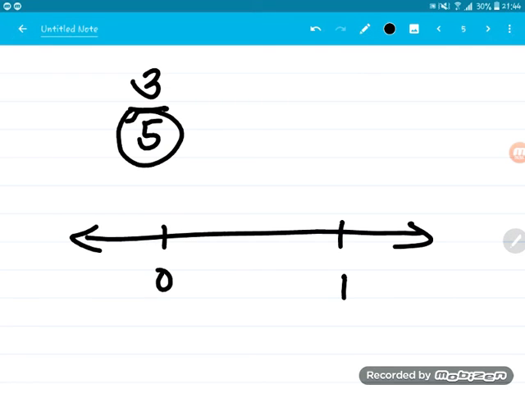So there are 5 parts. So we must put 5 marks that are evenly divided. So we will divide this portion into 5 equal parts. So let us start. 1, 2, 3, 4, and 5.